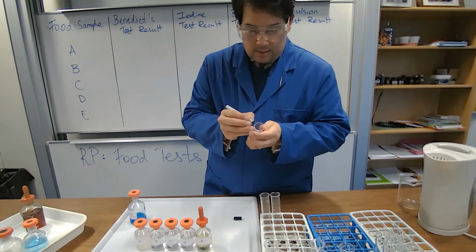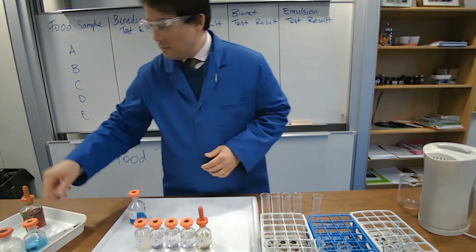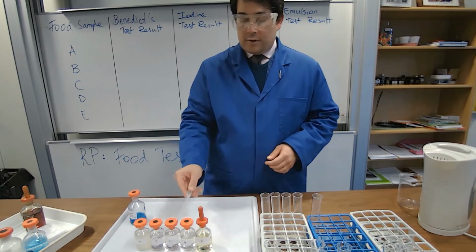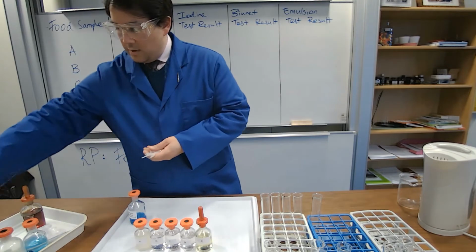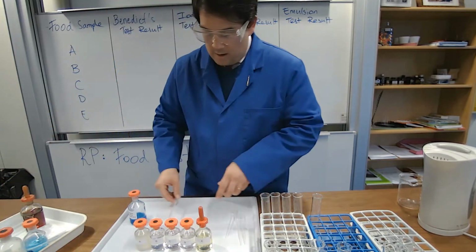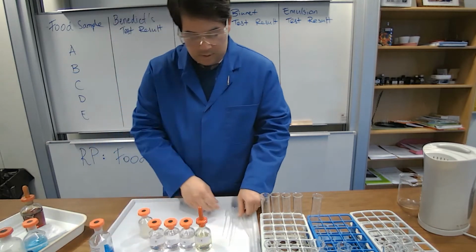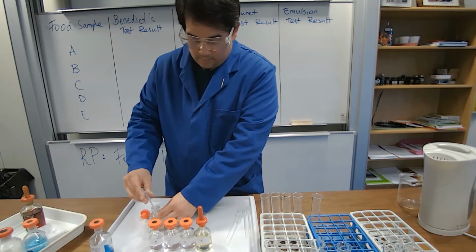We're then going to use a different pipette for each different solution so as not to contaminate them. So 1, 2, 3, 4, 5. I'm going to be as methodical as I can about this so as not to mix it up. So I'm going to use 1 milliliter of each one.